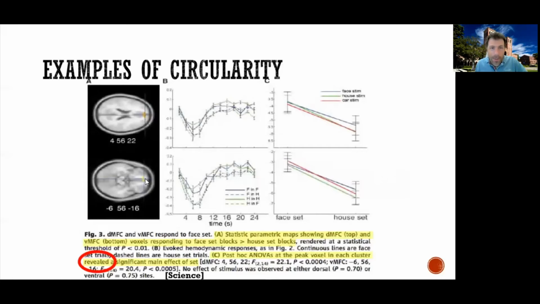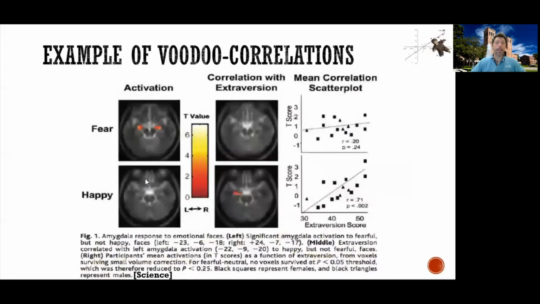Of course, we get a main effect of faces versus houses in that voxel. That's why we picked that voxel, because it's the voxel that responds the most at the full brain level in faces versus houses. And this looks almost quaint at this point, but people used to do this all the time. So it was not as obvious until somebody pointed this out.